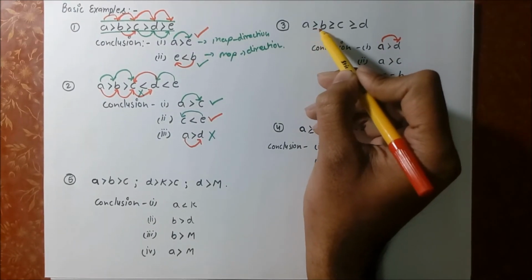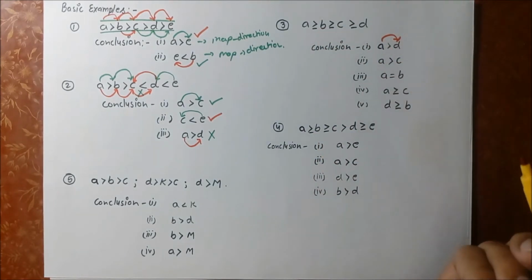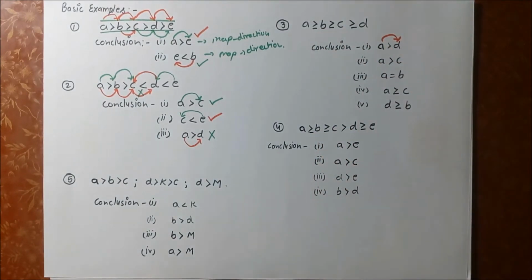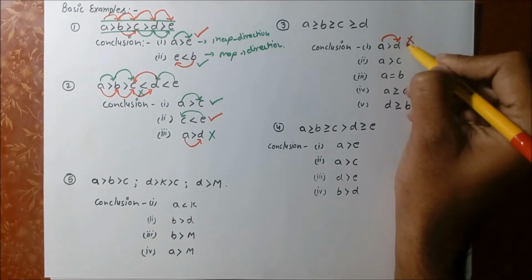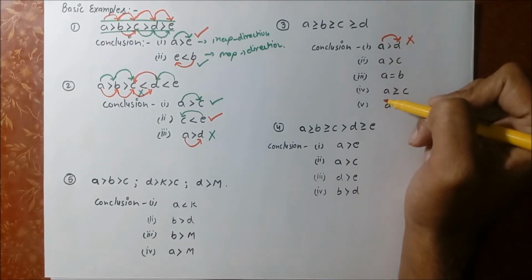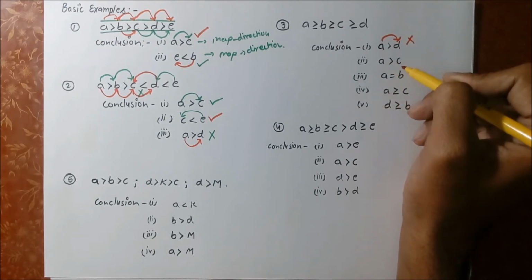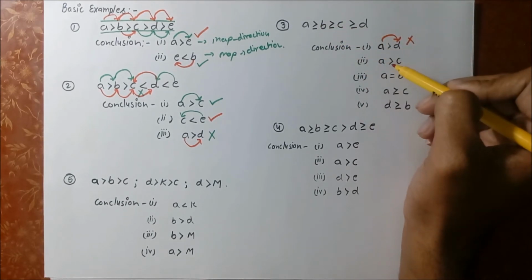Means that equals to sign. So there is a possibility, 50-50 chances. If we have 50% chances for the other door also, then we cannot say definitely that A is greater than D, or that we can go A to D by only this door. So we will say this is a possibility case, so this will not follow. A to C, again they are saying the same thing.